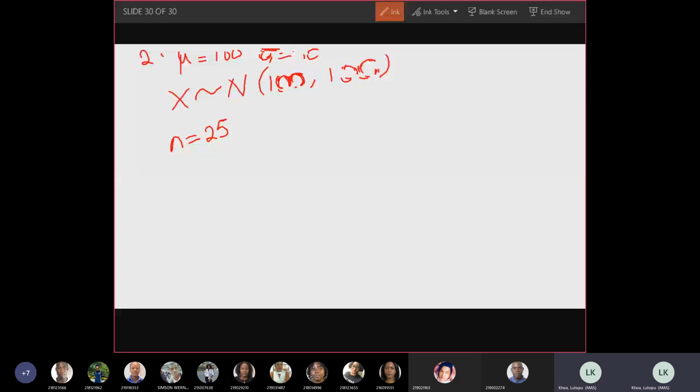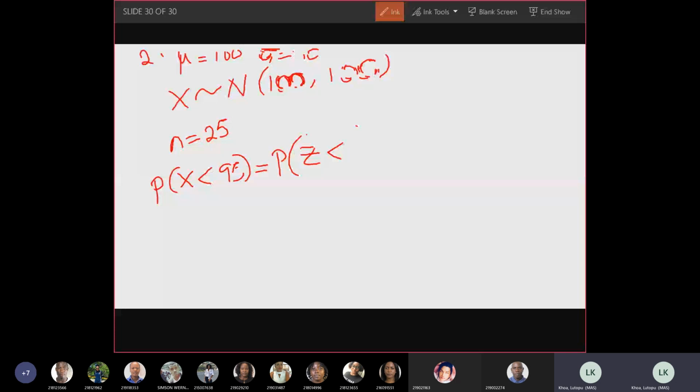We standardize. X bar minus 100, and then we divide this by sigma over the square root of n, which is 10 over the square root of 25.